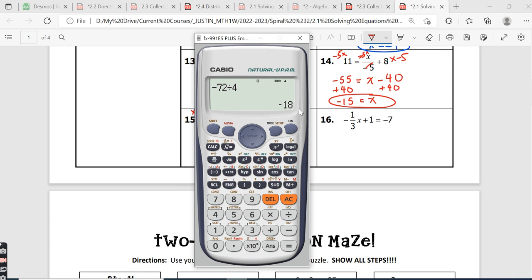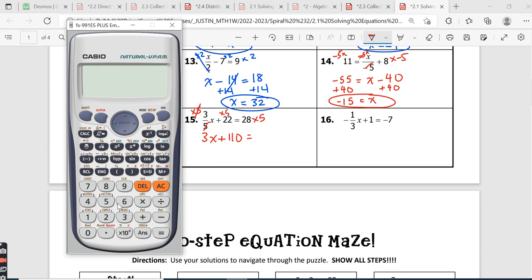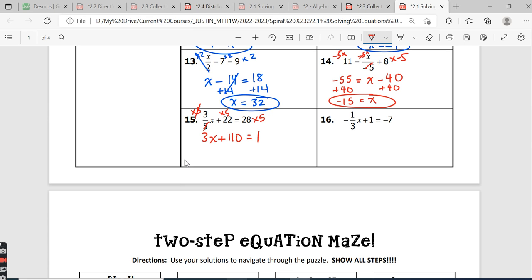And then we've got 28 times 5, 140. Okay, so undo the addition and subtraction first. So subtract 110, giving me 3x is equal to 30. And then divide both sides by 3. X is equal to 10.